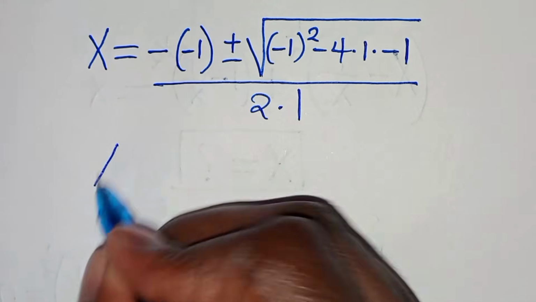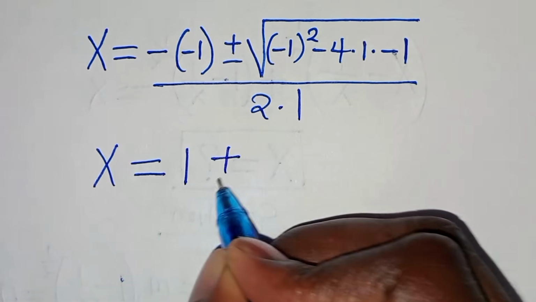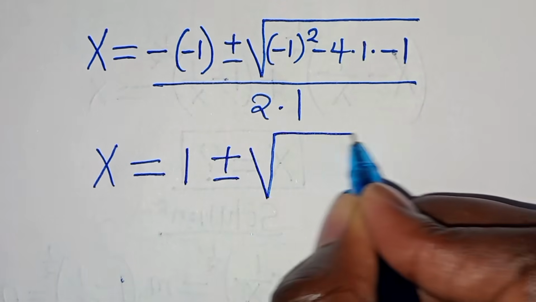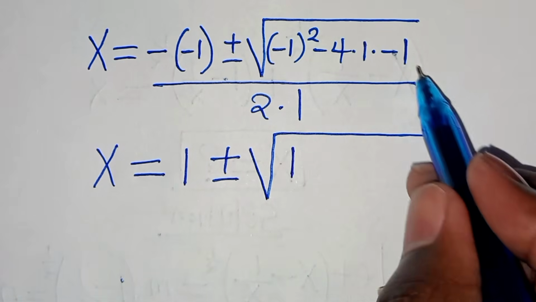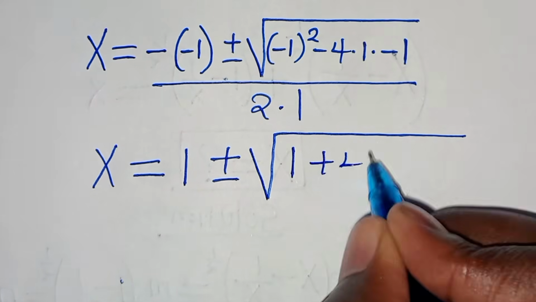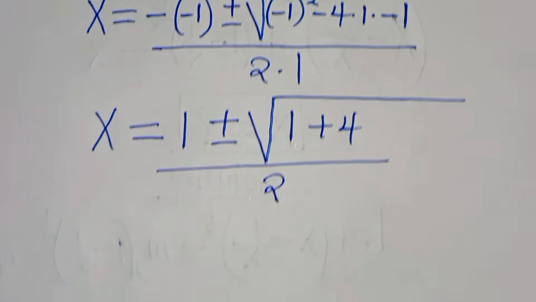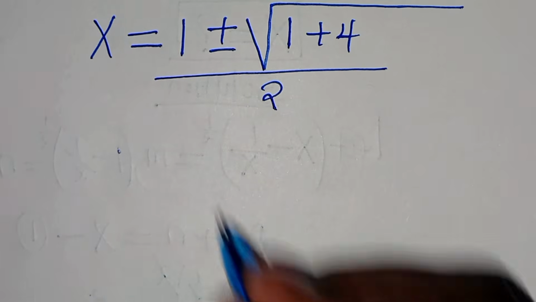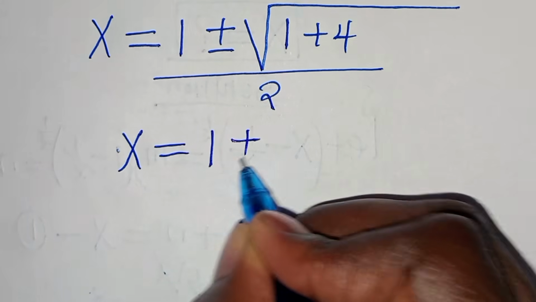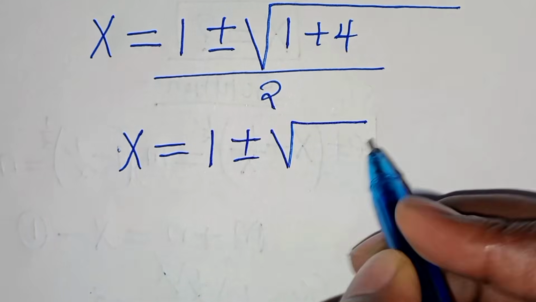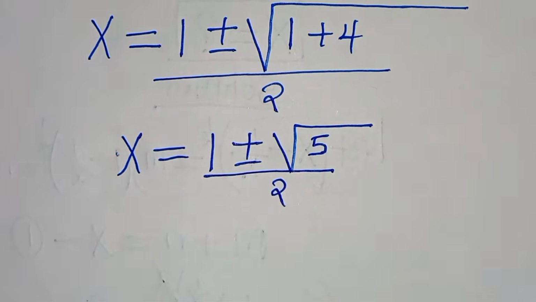Now we have x equal to minus times minus 1, this is 1, plus or minus the square root of (minus 1) squared, this is 1, minus 4 times minus 1, this is plus 4, everything divided by 2. So this implies that x is equal to 1 plus or minus the square root of 1 plus 4, this is 5, divided by 2.